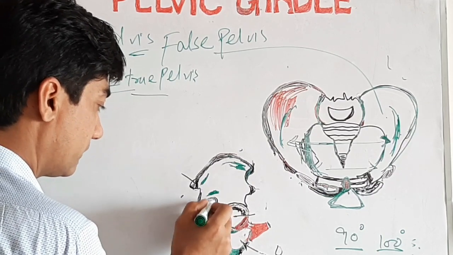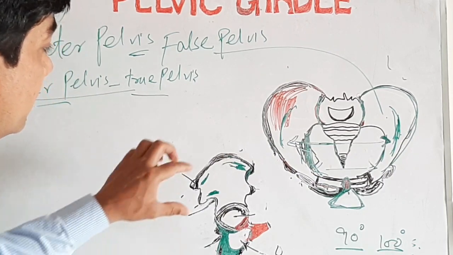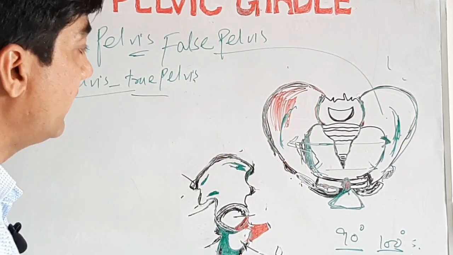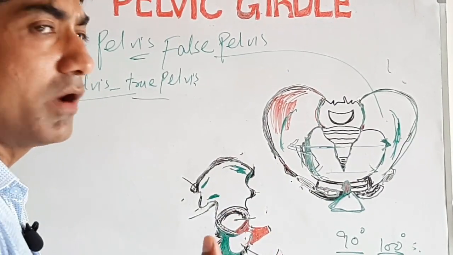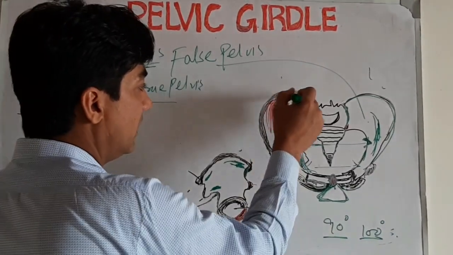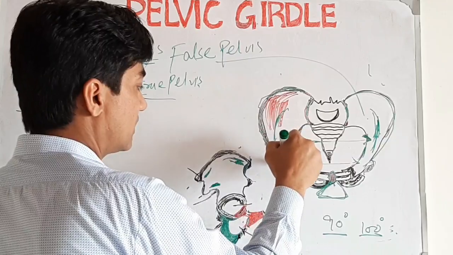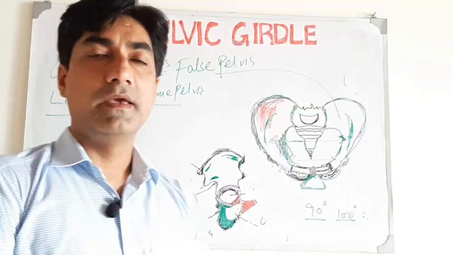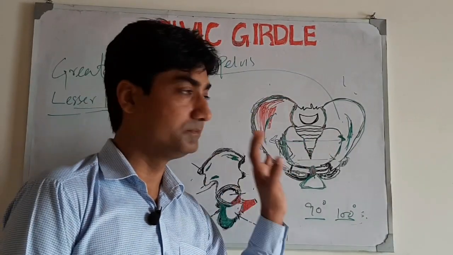And when we just see the pelvic girdle in appearance, the female pelvic girdle is a more delicate structure, but the male pelvic girdle has a rough and thick appearance. Here are the differences between the female and male pelvic girdle.